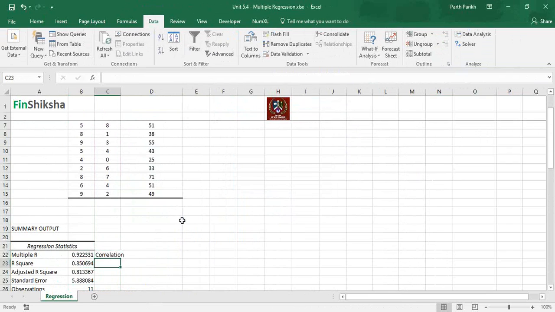Now R square says 85%, so that future price can be projected almost accurately 85% of the time, given color and quality as inputs. So it's 85% of the time I can be almost correct.